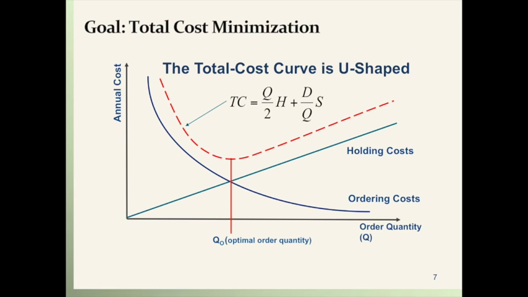So then the question is, how much inventory should you have on hand? So here, this is a formula. Essentially, this line here is your ordering costs, and this is your holding cost. So when these two cross, that's really the point where it's the optimum order quantity.